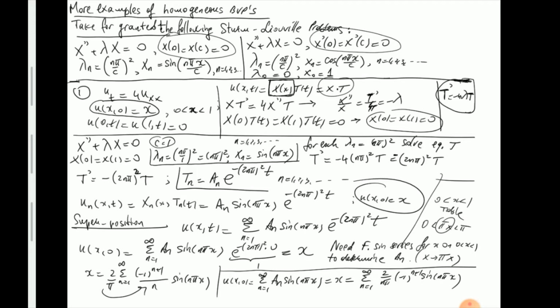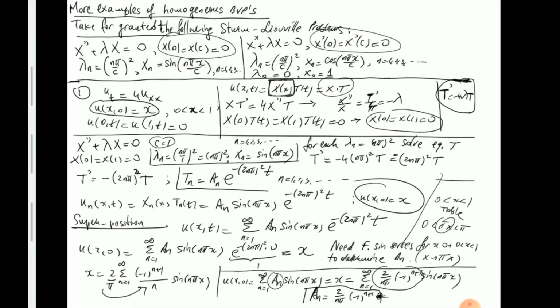So from this equality, we see that a_n must be equal to 2 over n pi times minus 1 to the n plus 1, and that's it. Yeah, 2 over n pi times minus 1 to the n plus 1.